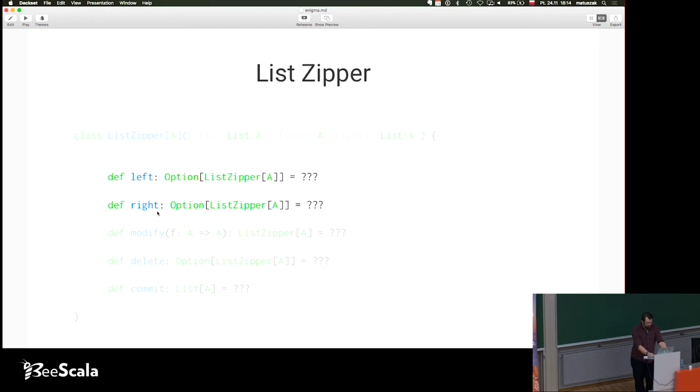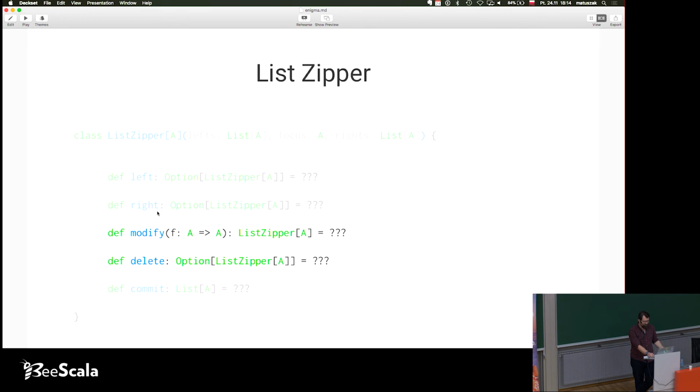As you can see, left and right return an option, which means that when you try to move in one direction and there is nothing, you will end up with none. Usually modifying doesn't behave this way, and delete returns an option because in some implementations you can delete the focus, and then you will end up with none.